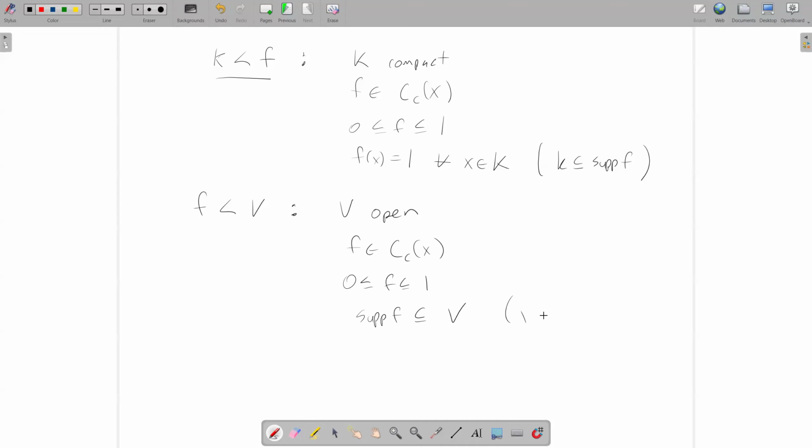So if x is in the complement of V, then f of x is equal to 0. Just a little consequence of that, right? The support is all the x's where f of x is not equal to 0, and then we take the closure. So it's even larger than that, but in particular, it contains every point where the function is not equal to 0. So if you're not in the support, then the function has to be equal to 0 there. That's just kind of a comment, but I think it's good to realize that.